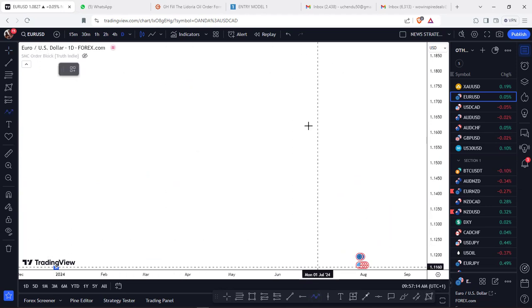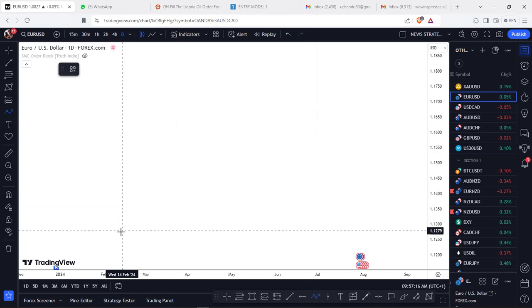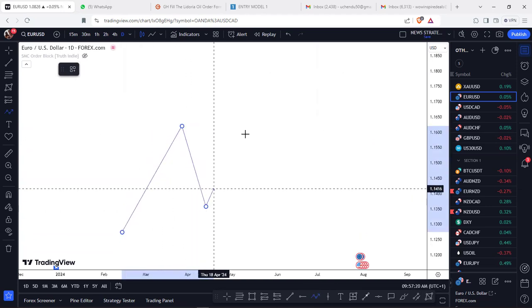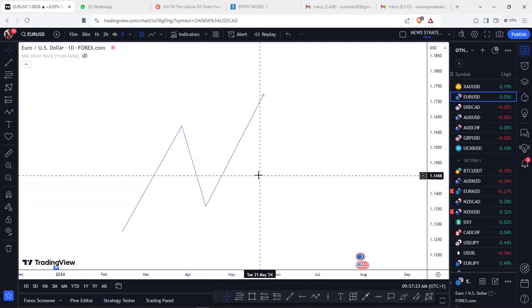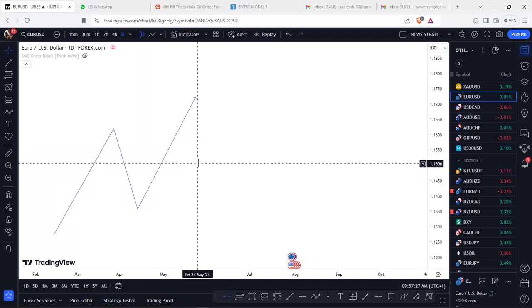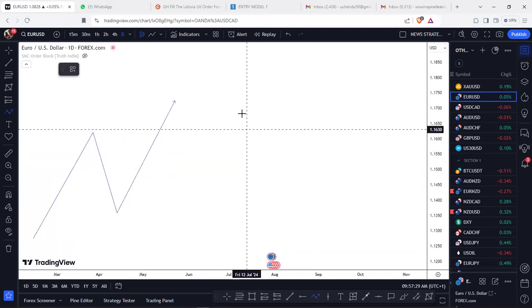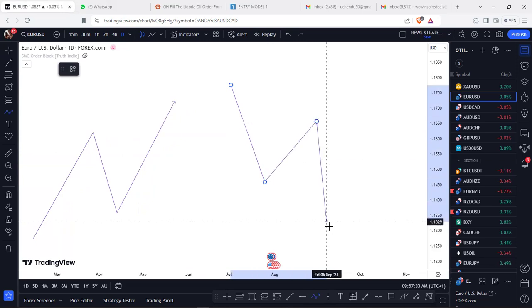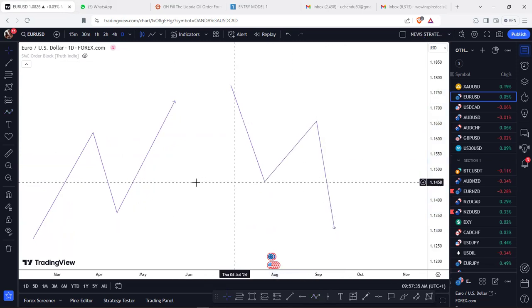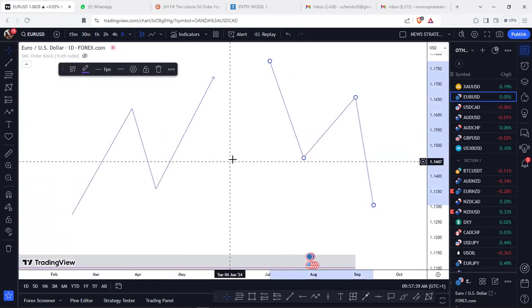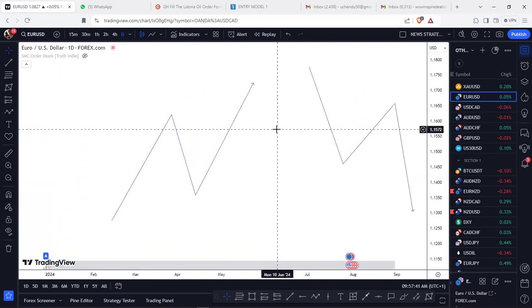On the daily time frame, you're looking for this kind of structure: A, B, C, and D. Whether in a bullish environment or in a bearish environment, you're looking for A, B, C, and D on the daily time frame.